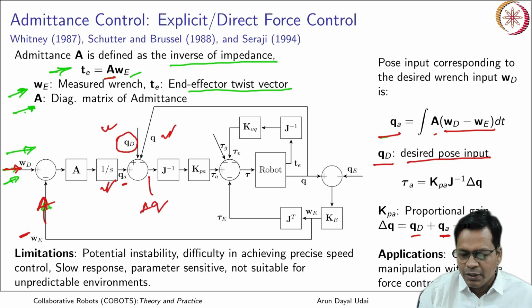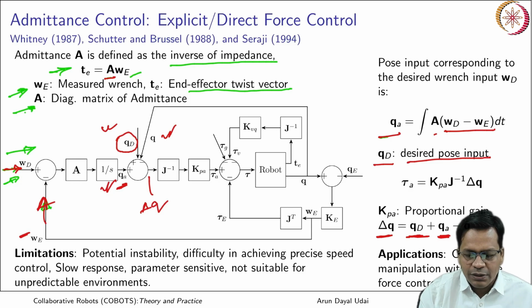Basically it is the difference between Q desired, that is the desired trajectory, QA, the reference trajectory set by the admittance controller here, and Q, the actual feedback. If you take the difference you get a change in pose which should happen due to the admittance controller and the trajectory inputs.